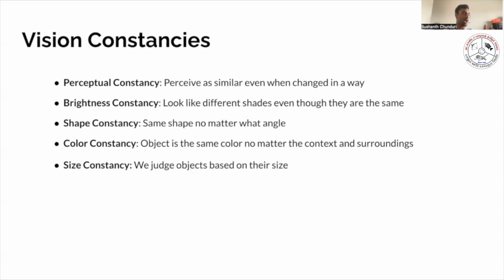Same thing if I have a really small elephant, and I see it really close to me, I'm going to think it's far away because an elephant is supposed to be really big. So we judge objects based on their relative size.